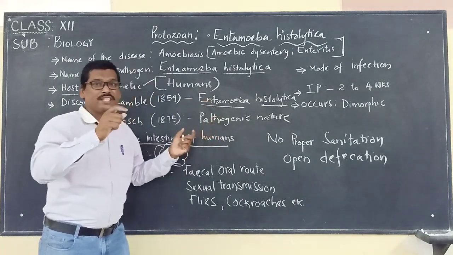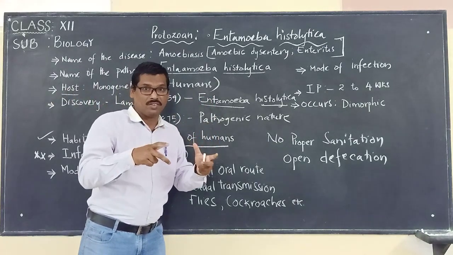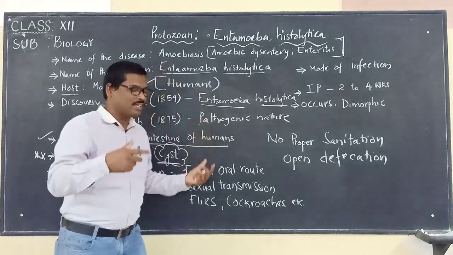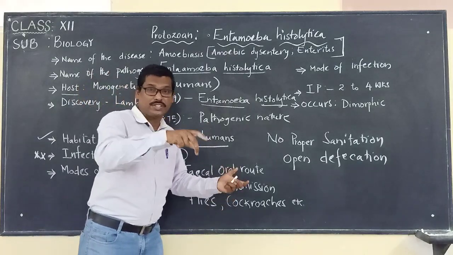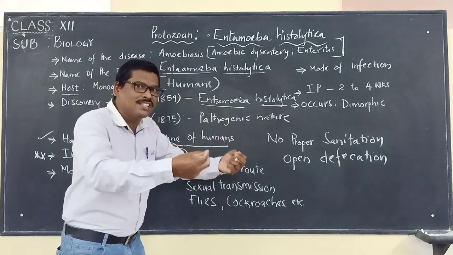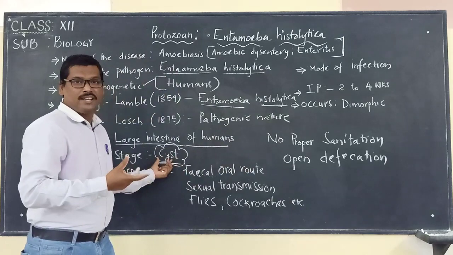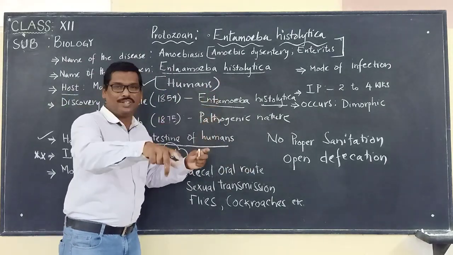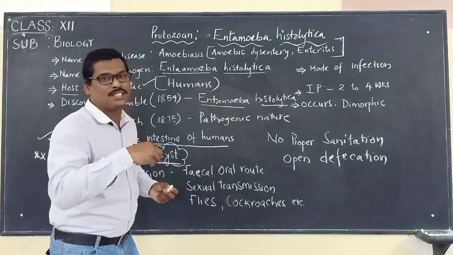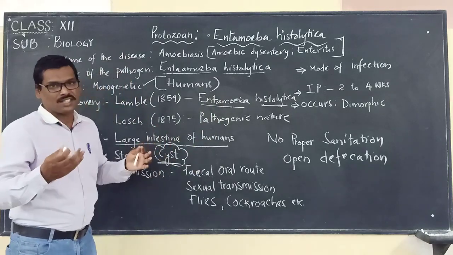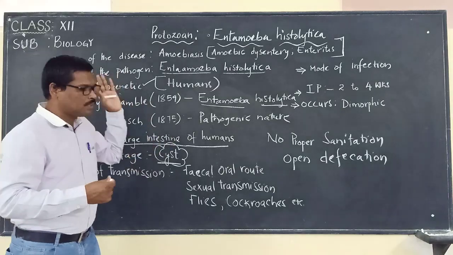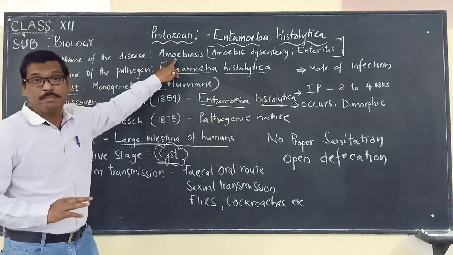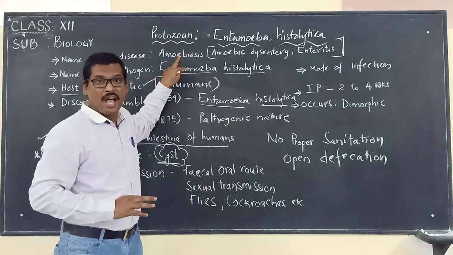And when the flies and cockroaches visit the freshly prepared food, there are chances that they deposit these cysts, Entamoeba histolytica in the form of a cyst, on the food. And when a person eats this food, there are more chances that that individual will suffer from the same disease called amoebiasis.